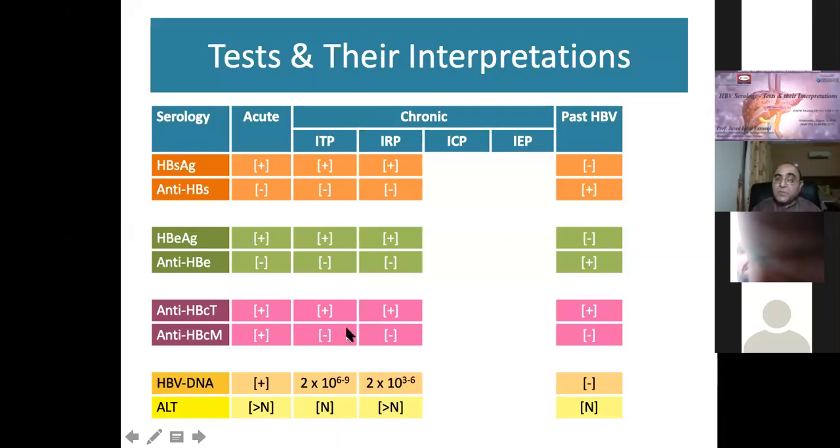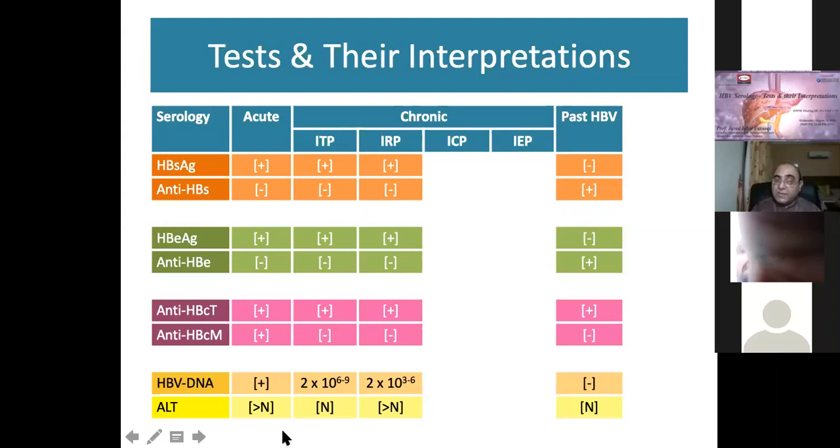It is followed by the immune reactive phase, where the immunity becomes awakened and attacks those hepatocytes which harbor hepatitis B virions. Again, it is the chronic phase, so the surface antigen has to be positive and anti-HBs has to be negative. E antigen is positive here and the anti-HBe is negative. The same is true of the total antibodies, but here you see the DNA starts decreasing, because the viral replication is now being controlled by the immunity.